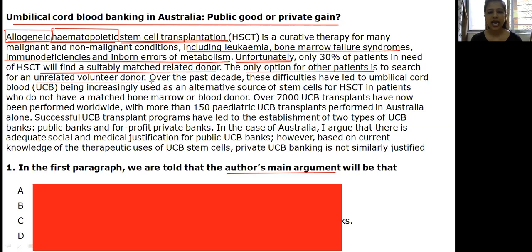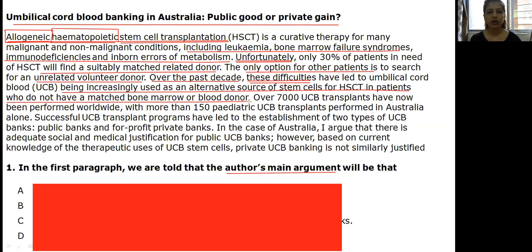So what has happened because of that is over the past decade, these difficulties. So what are these difficulties? Finding a suitably matched related donor have led to umbilical cord blood being increasingly used as an alternative source of stem cells for HSCT in patients who do not have a matched bone marrow or blood donor.